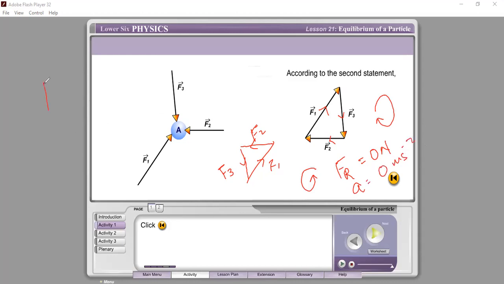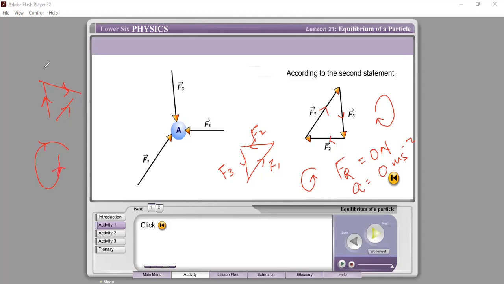If an object has a resultant force, the triangle will not close; it is only completed with two directions. From the triangle vector diagram, this will be one direction, and another direction will be in this direction.